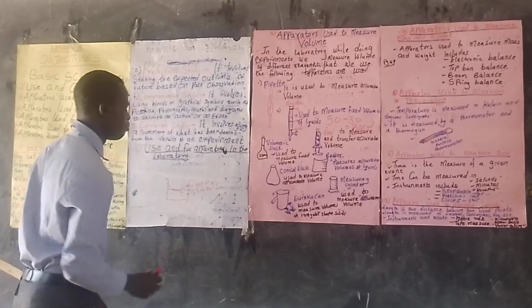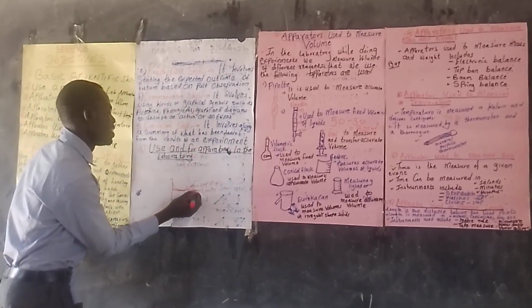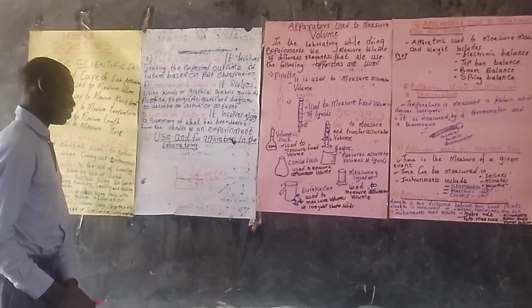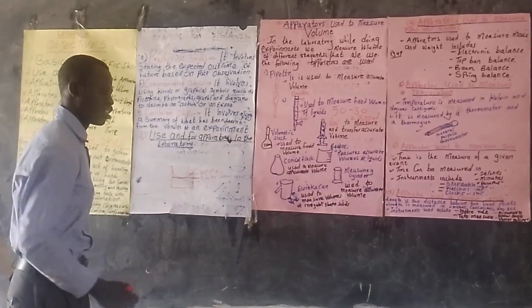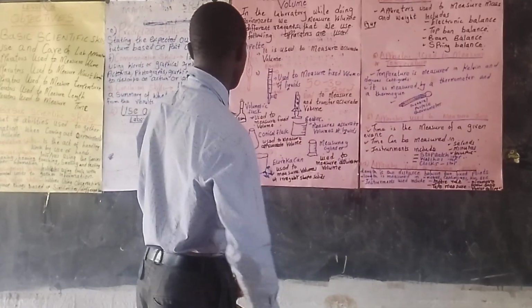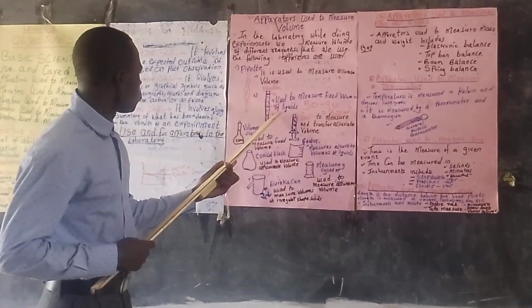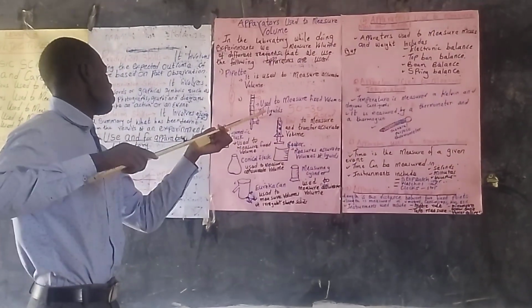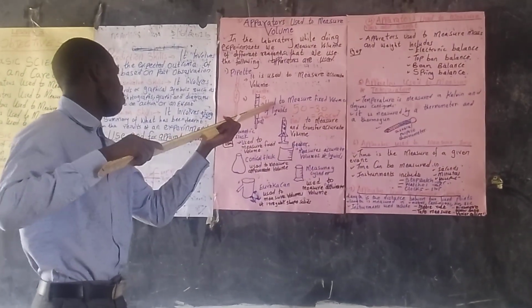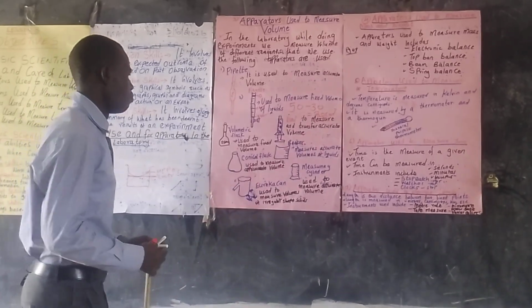So when we are measuring volume, we don't dwell on the upper meniscus, we dwell on the lower meniscus. Hope that one is clear, students. When you use the upper meniscus, you will not get the accurate answer. Let us be able to understand that. So when using a burette, we take the figure we have and subtract it from 50, and that is when we will get the accurate volume.